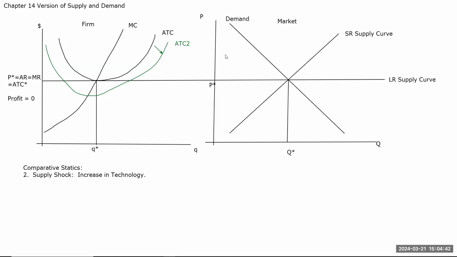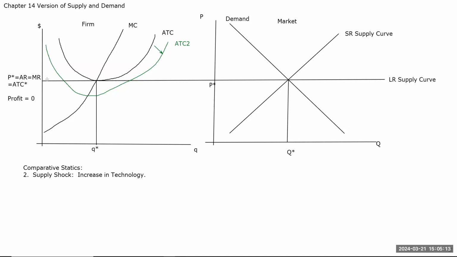So in the short run, what firms are doing is this is the price, still the price. It hits marginal revenue, hits marginal cost still right here. And so they're still producing at little q star, and the market is still producing big Q star, but now firms are making killer profits.